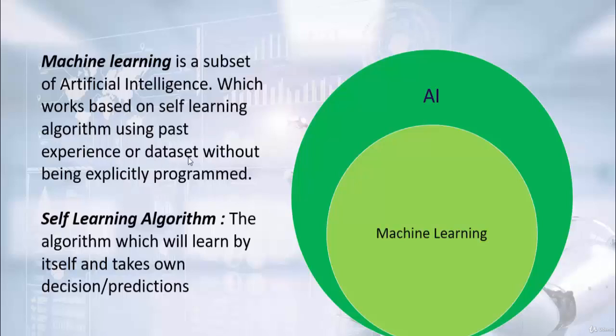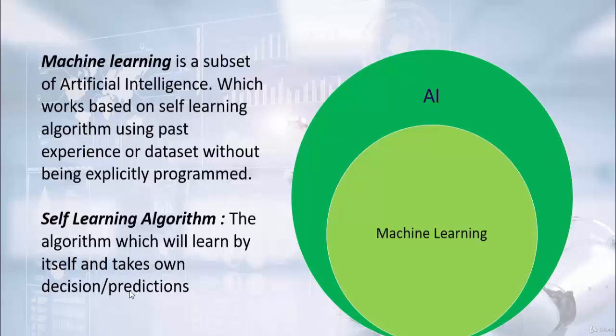In our example, we created an algorithm based on transaction details. That's what I mean to say by using past experience or data set. But here, self-learning algorithm. A self-learning algorithm is nothing but an algorithm which will learn by itself and take its own decision or prediction. How can an algorithm think by itself?